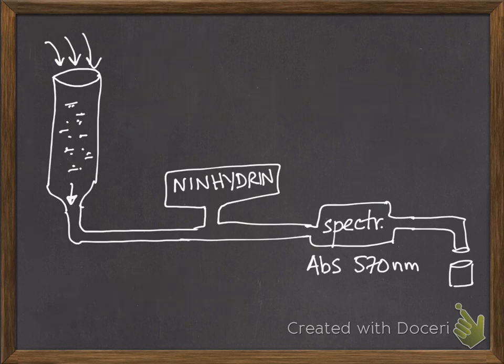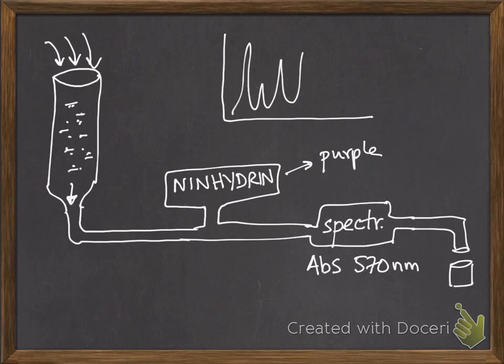So one of the questions that came up on Piazza is, if everything is purple, if all the amino acids are purple, how do you differentiate between them in your data? And so your data will look like this. Absorbance at 570 over time.